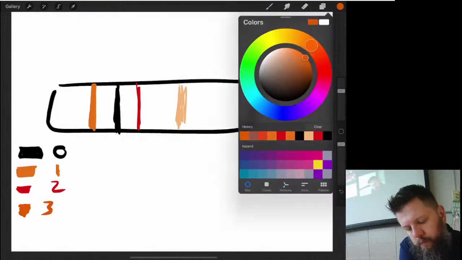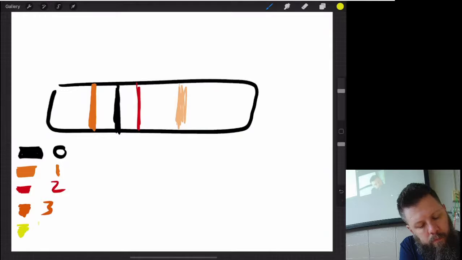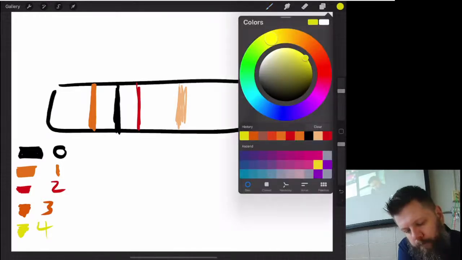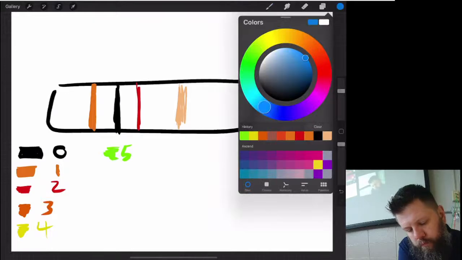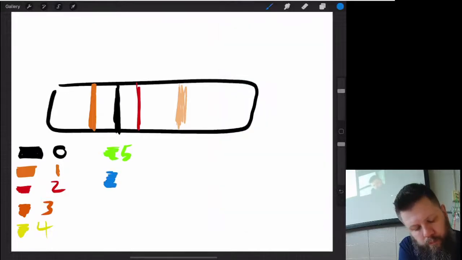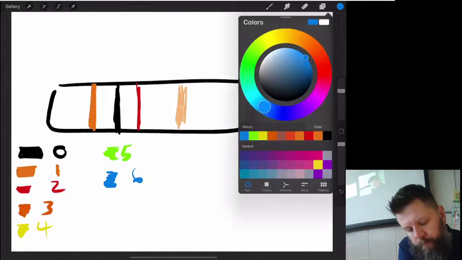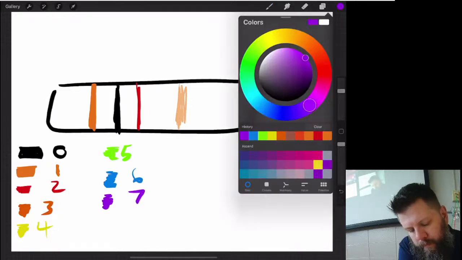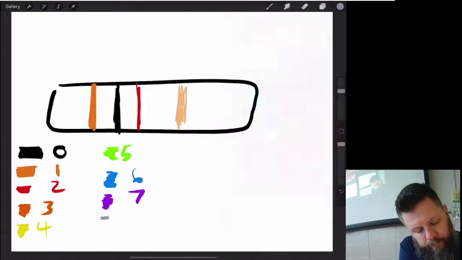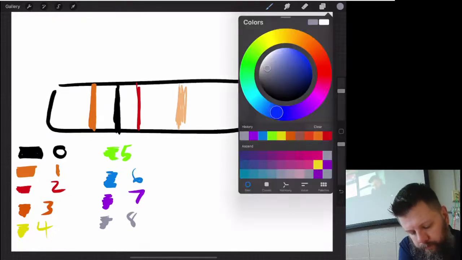So you got yellow, green, blue, violet. And then if we get into really funky stuff, like we use silver for 8, and then white, which you're not going to be able to see, for 9.